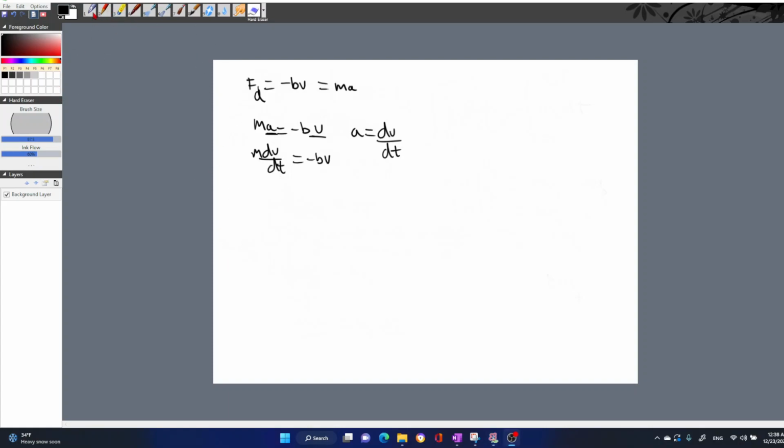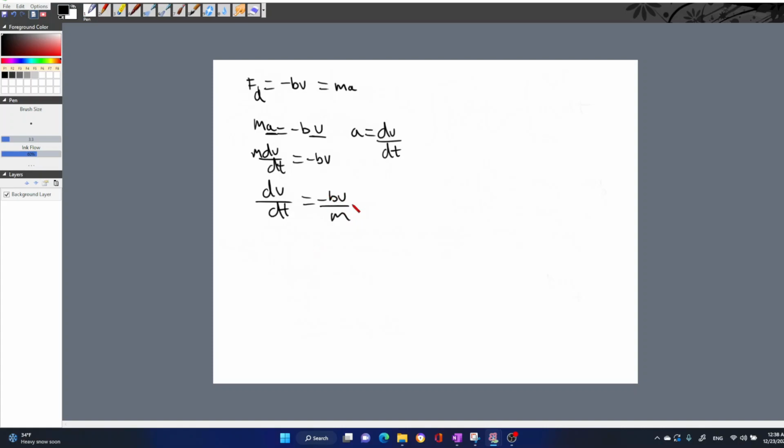So as I was saying, we're gonna move the m over to the other side so that we can bring the v over, and that'll be nice. So when dividing by m on both sides, we have dv/dt is equal to negative bv over m.